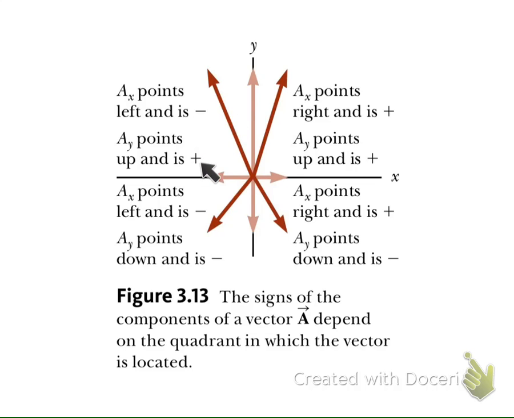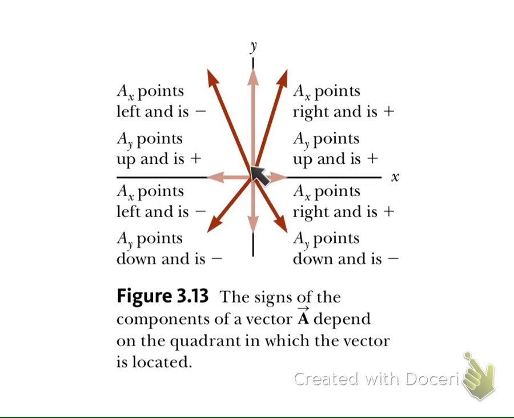If the vector is located in this quadrant, AX is negative. If A is located in this quadrant, AX is negative, and if A is located in this quadrant, AX is positive.